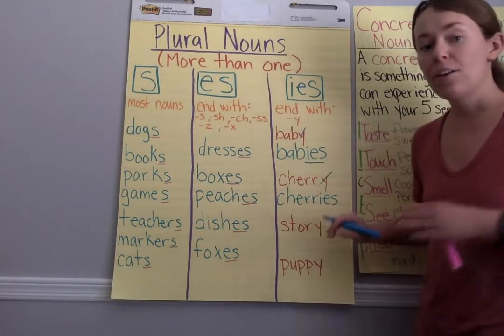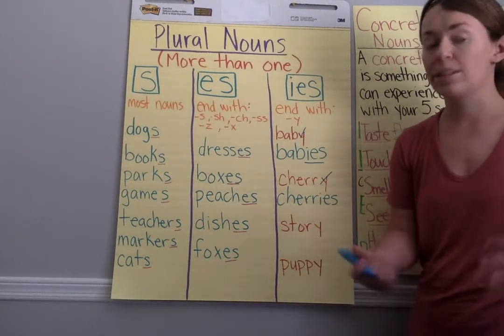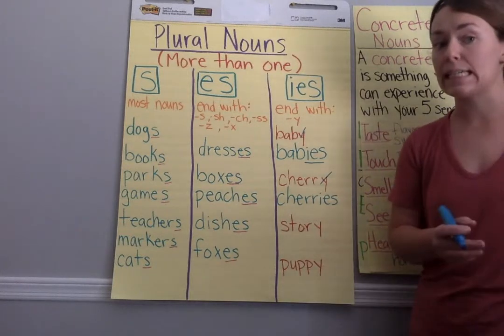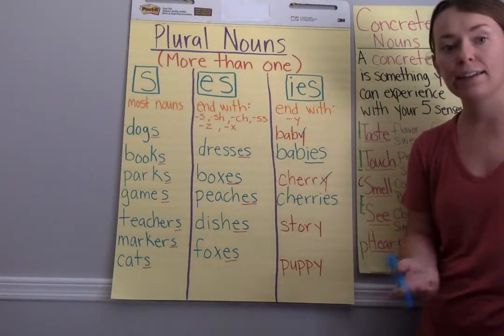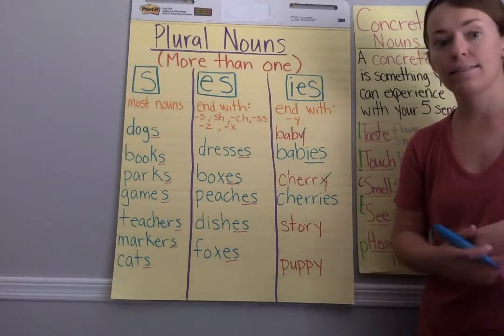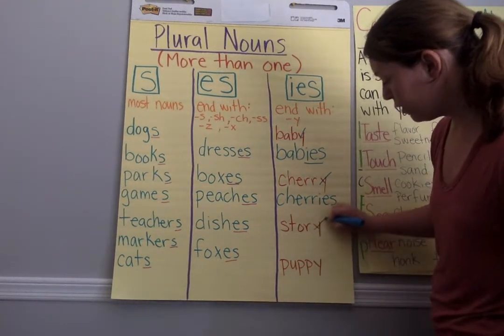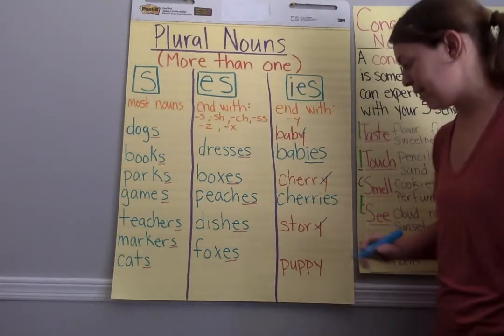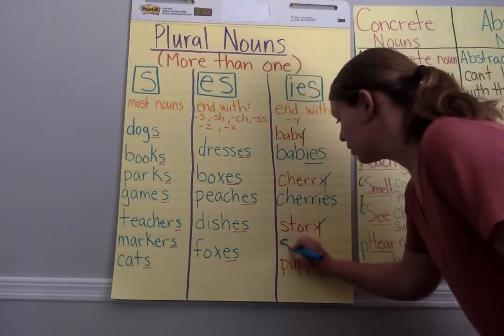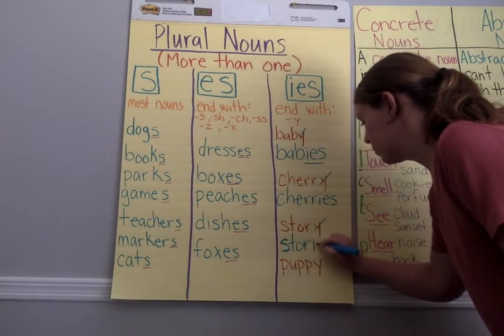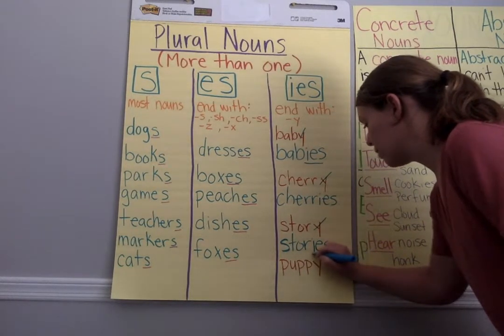Okay? For story, try and think what's the first step we need to take to make story into stories. Are we just going to add a Y? Are we going to add an S? Are we going to add an ES? No, we're going to take that Y off and we're going to add an IES at the end to make stories.